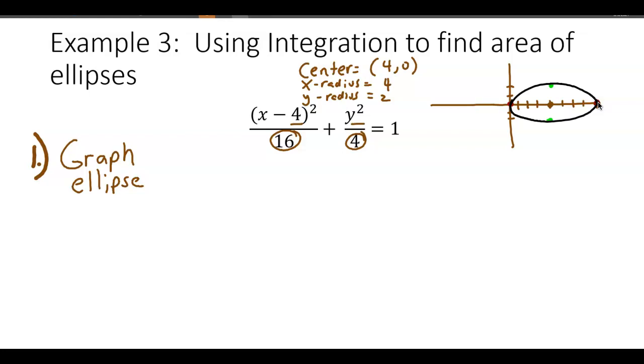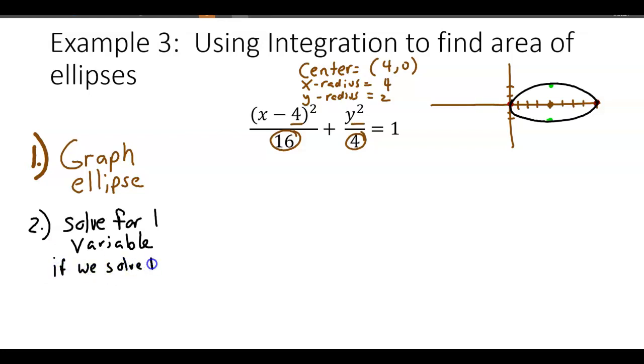Now the next thing we're going to do is solve for one of the variables, either x or y. Now if you solve for x, which means you get the x by itself, your integral is going to be with respect to y.